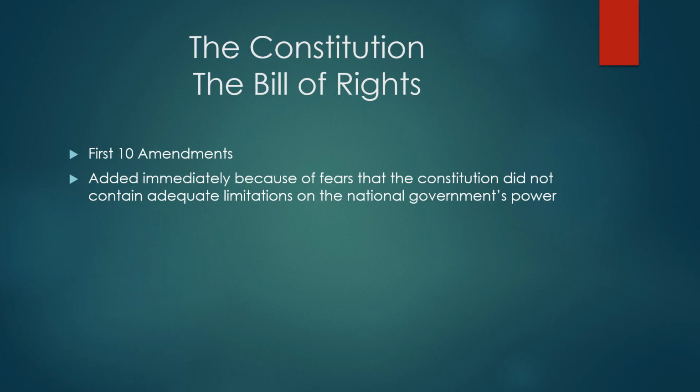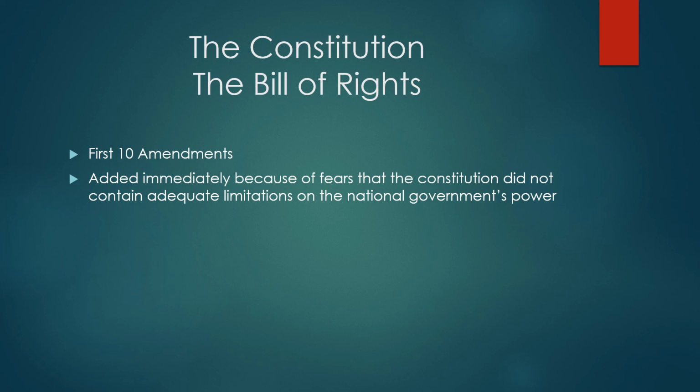In other words, it said a lot about what the government could do, but it didn't say enough about what the government can't do. So you notice in the Bill of Rights, which we'll talk about extensively later in this class, that you have things like freedom of speech, the right to bear arms, the right to trial by jury, all kinds of things that the Constitution just didn't talk about. It wasn't necessarily taking those rights away, but people wanted a guarantee.